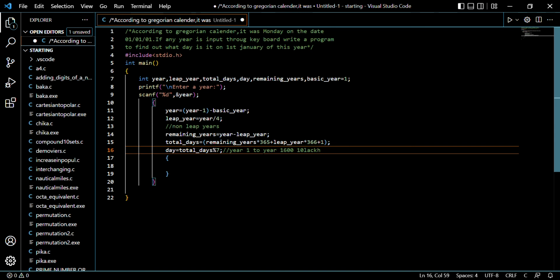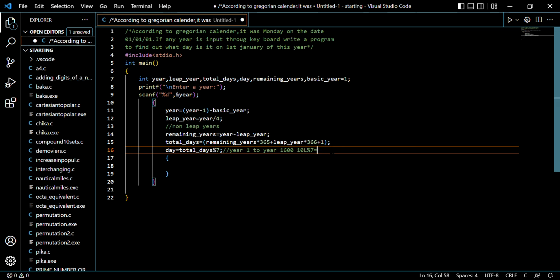When we use modular division over this one, so we're using 7 by 10 lakh, it's going to give me, if the answer is 0, that would mean it is a Sunday. I'm just assuming it. You could assume 2 or 3 always, but I'm saying that.